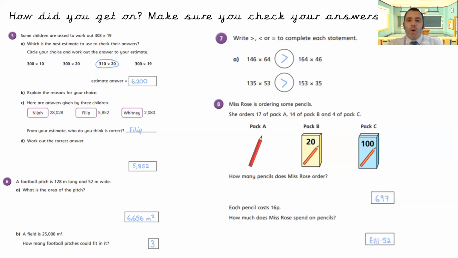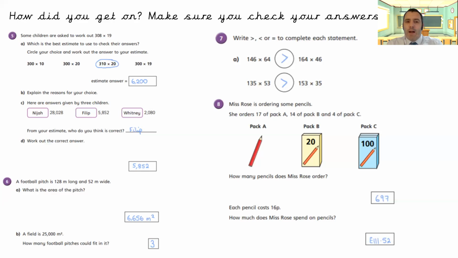Question 8 is very similar to what we just went through with the muffins. So Miss Rose is ordering some pencils. She orders 17 of pack A, 14 of pack B, and 4 of pack C. How many pencils does Miss Rose order in total? So you work out how many of each pack, add those products together, you get 697. Each pencil costs 16p.